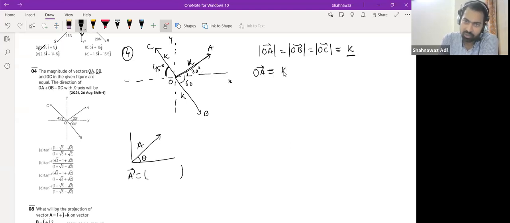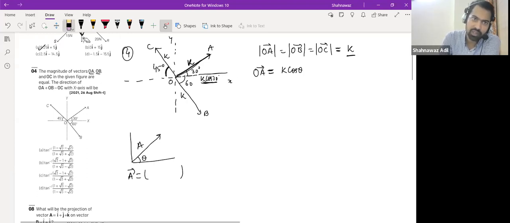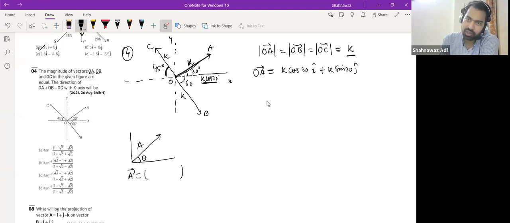So K cos theta. We have this magnitude K, so this part would be K cos 30. Yes, sir. K cos 30. You are correct: K cos 30 i cap, and then K sin 30 j cap. Good. So this is OA.